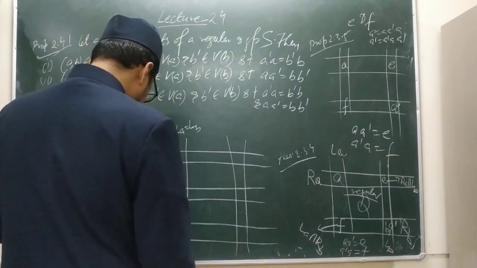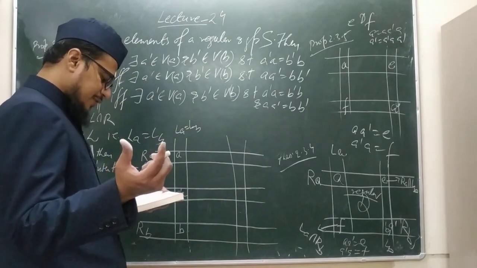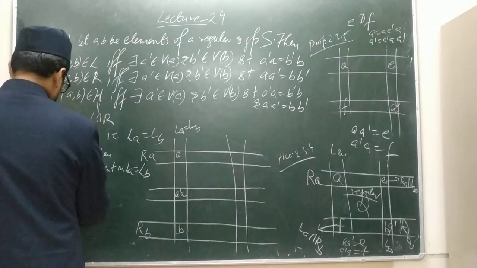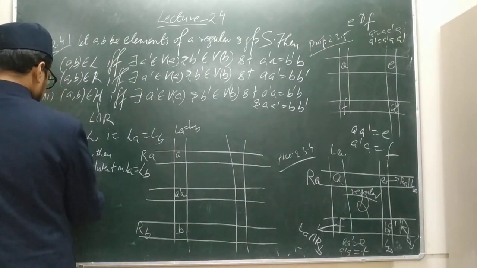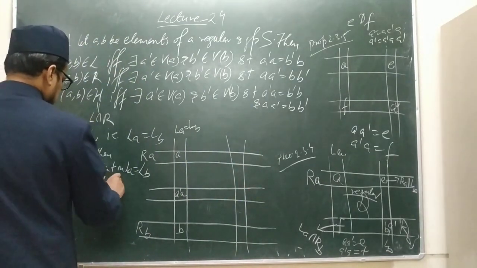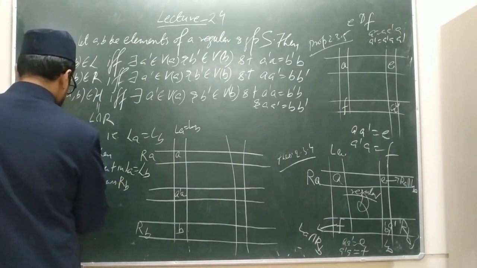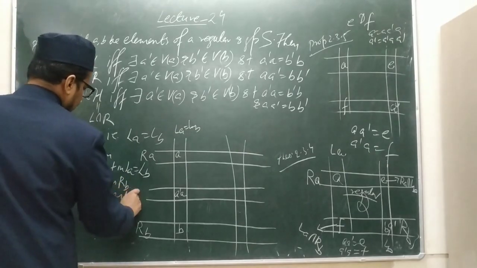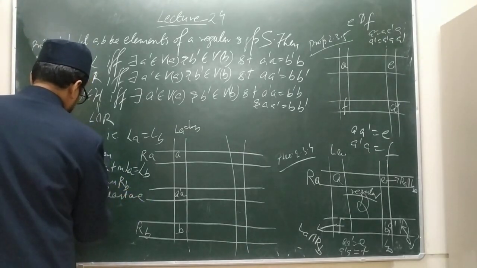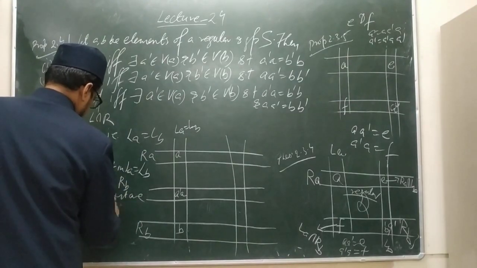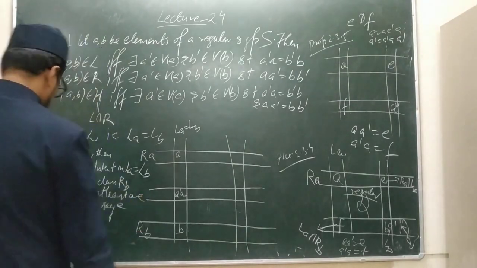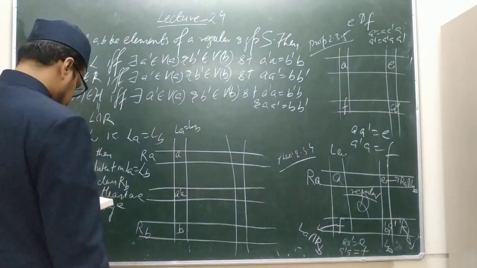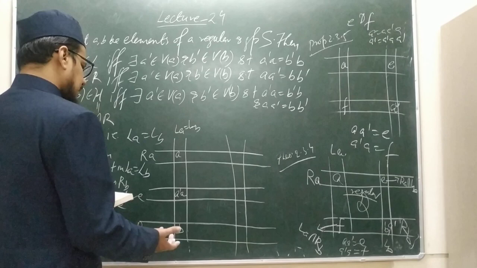Now, as we know that every R class contains at least one idempotent, assume the R class RB contains at least one idempotent, say E, by proposition 2.3.2.